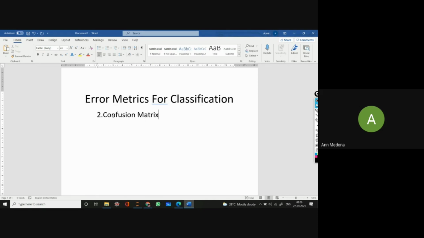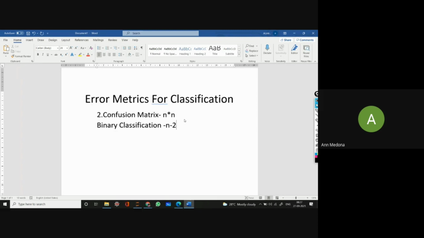The confusion matrix is also used to describe the performance of a classification model. The name itself denotes that it is a matrix, or you can say a table. Normally it will be an n cross n table or n cross n matrix. Based on the number of classes present in the output, that denotes the n value. If we are considering a binary classification, it will have two categories, so your n value will be equal to 2.